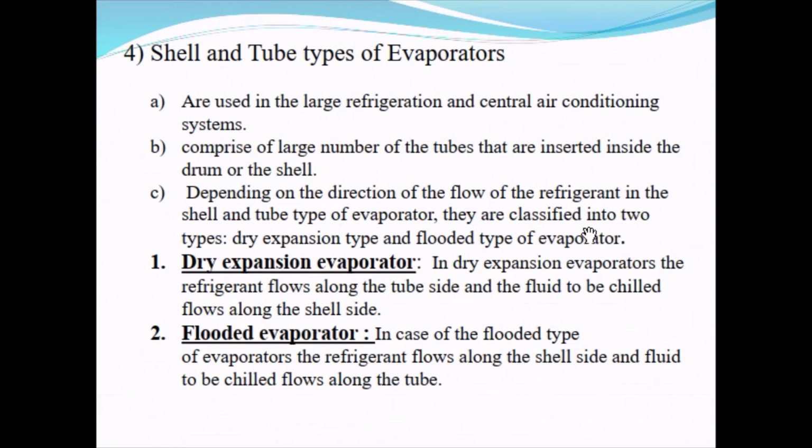Depending on the direction of the flow of the refrigerant in the shell and tube type of evaporators, they are classified into two types: the dry expansion type and the flooded type of evaporator. Okay, we can see what the dry expansion evaporator means. In the dry expansion evaporator, the refrigerant flows along the tube side and the fluid to be chilled flows along the shell side. And the second one is the flooded evaporator.